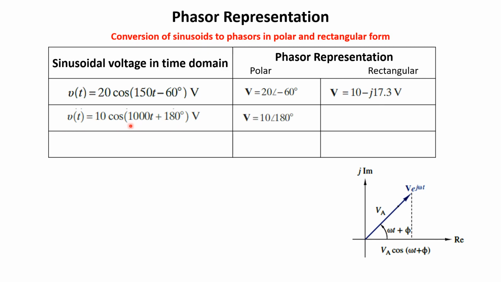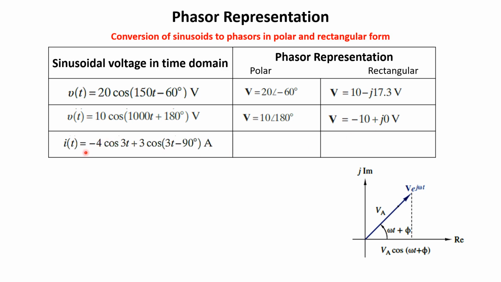It's a cosine function, and we use its peak value, which is 10, as the magnitude over here, and the phase angle 180, which is over here. And in order to convert this polar form to rectangular form, we use 10 cosine of 180 plus j 10 sine of 180, which is over here.